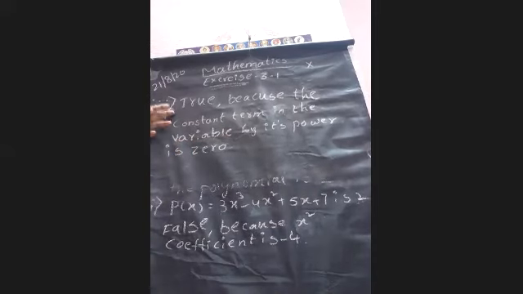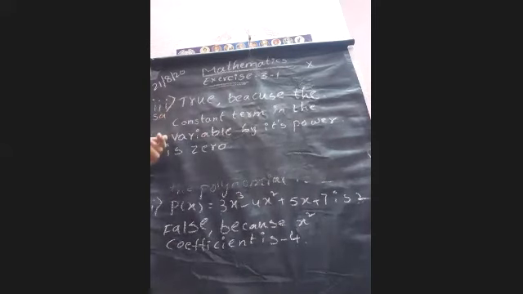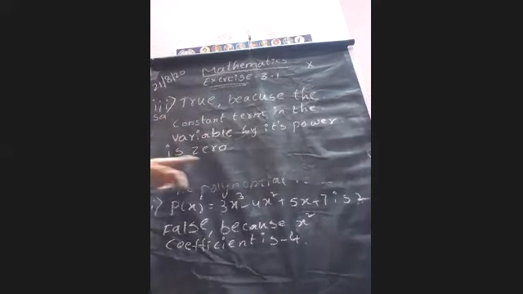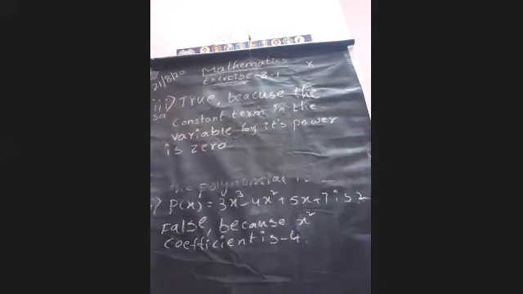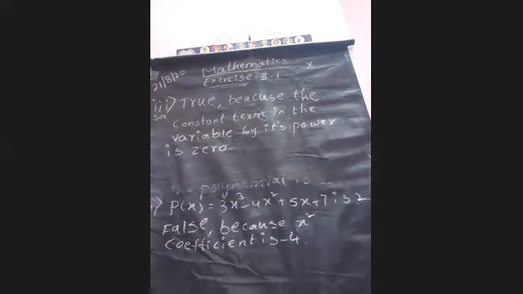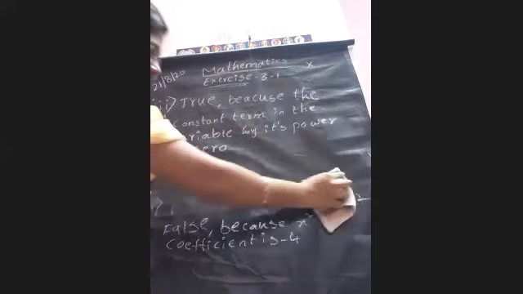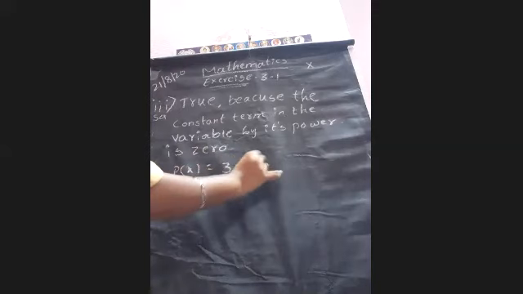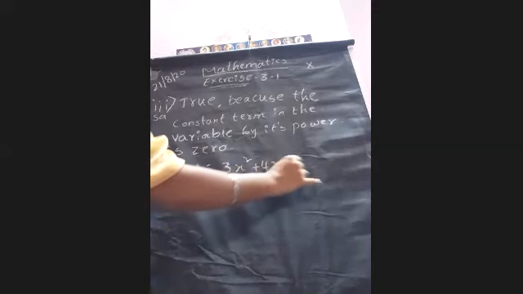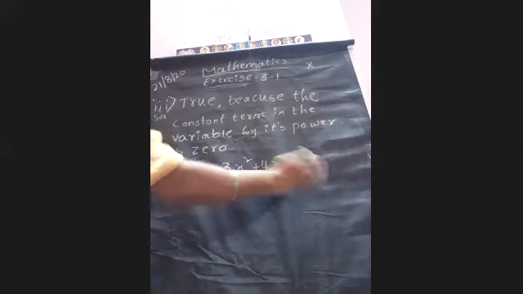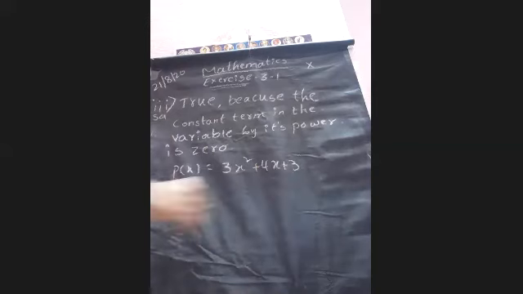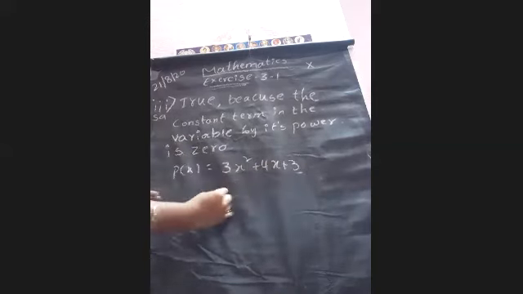Because the constant term has the variable with power 0. If you want an example, write it down here also. Take any example, p of x equal to 4x plus 3. What is the constant term here? The constant term is 3.